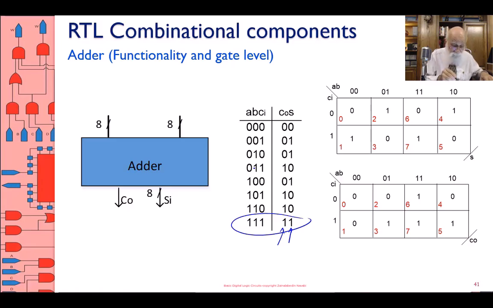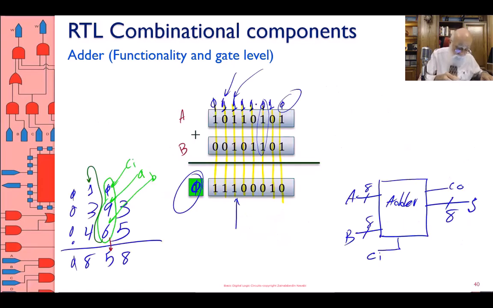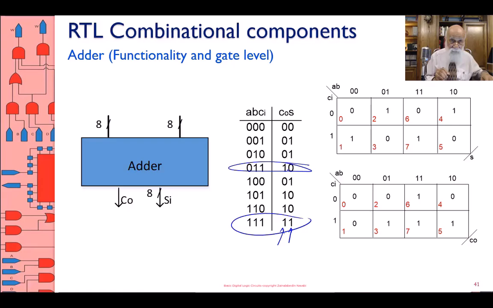You are adding a 0, a 1, and a 1. Let me see if I can find the 0, 1, 1 situation here. Here. See? 0, 1, 1. The result is 0, and then the carry into the next position is 1. So 1, 0.